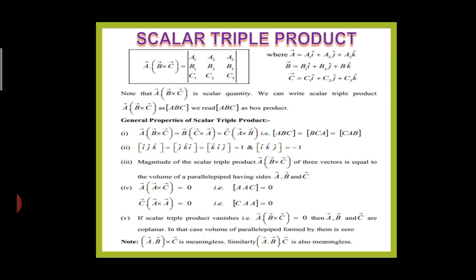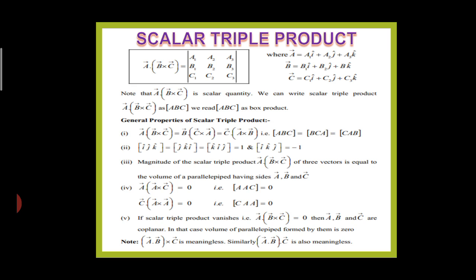Now the scalar triple product. In the scalar triple product the equation is a dot (b cross c), which equals the determinant with rows a1 a2 a3, b1 b2 b3, c1 c2 c3, where a is equal to a1 i plus a2 j plus a3 k, b equals b1 i plus b2 j plus b3 k, and c is equal to c1 i plus c2 j plus c3 k.